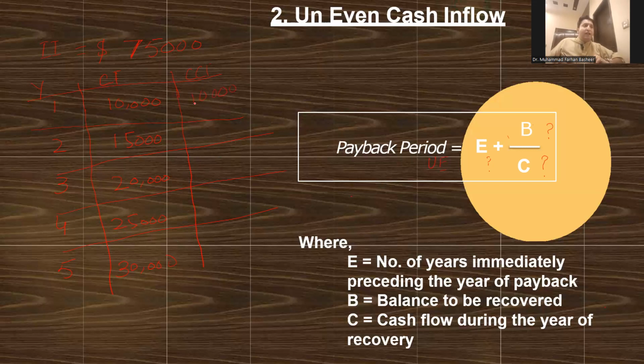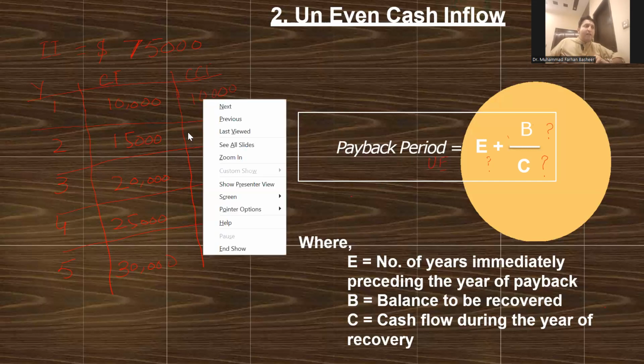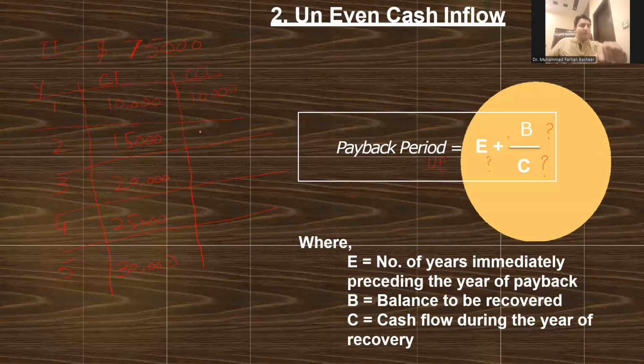During the second year we add the first year's cash flow to the second year, and it becomes 25,000. Then it becomes 45,000, then 70,000, and then 100,000.